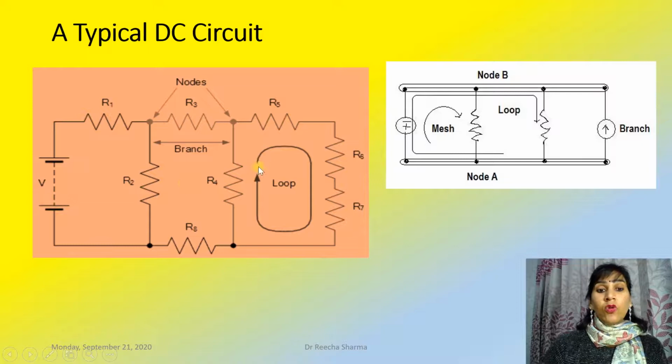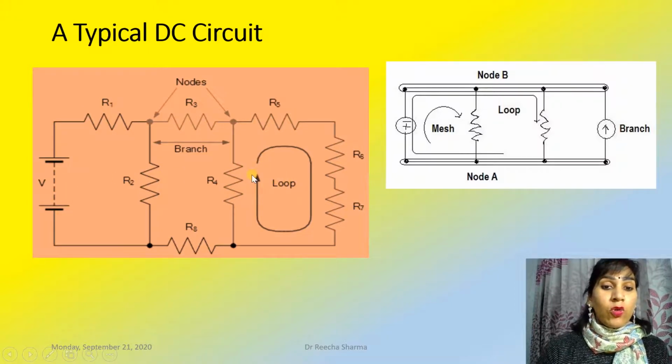So what is the difference between a loop and a mesh? A mesh is a loop, but in a mesh there is no loop inside. It means in this diagram we have four loops but only three meshes.